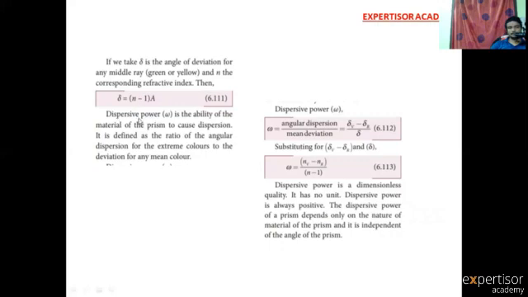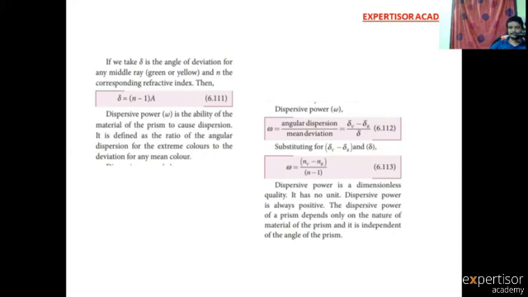Dispersive power omega is the ability of the material of the prism to cause dispersion. It is defined as the ratio of angular dispersion for extreme colors to the deviation for the mean color.